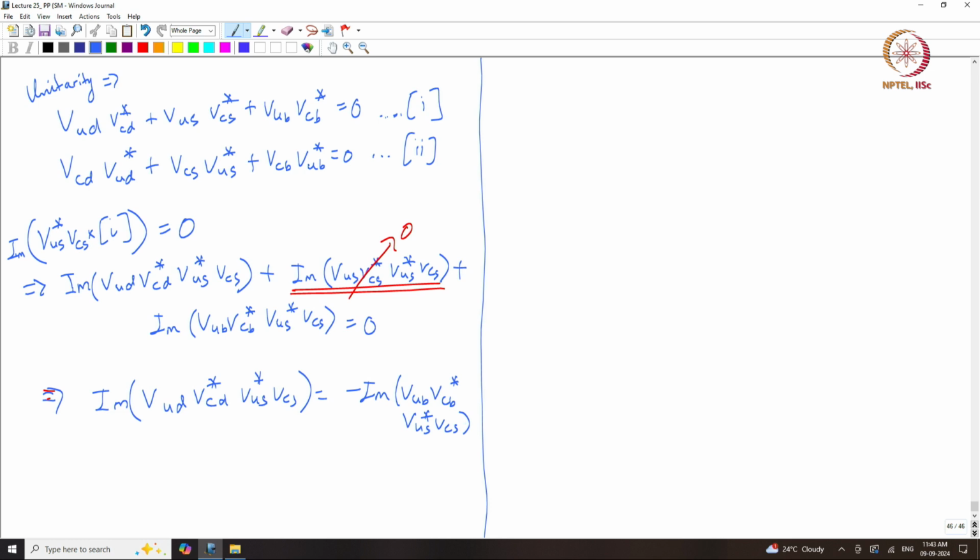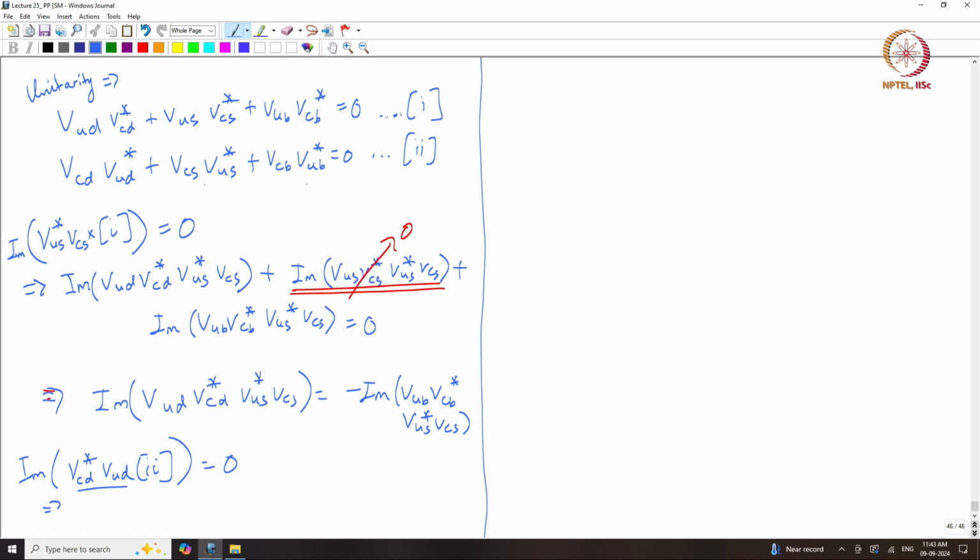And then similarly, suppose I take the second equation, and then I hit it with the VCD star VUD, that is also 0, right. Now, go ahead and do this. Once again you will find that VCD star hits VCD, VUD star hits VUD, and the imaginary part of that combination of 4 elements is 0. So, now I will get equality between these two after I hit it with this combination.